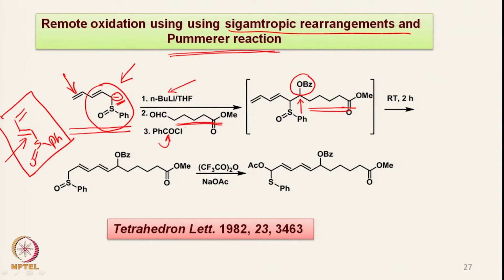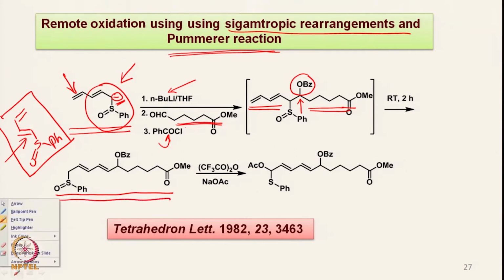Now this particular sulfoxide which is having a diene unit in this fashion undergoes an interesting reaction to form another diene sulfoxide here. Now look at it very carefully. What you have is this sulfoxide here was internally oriented.